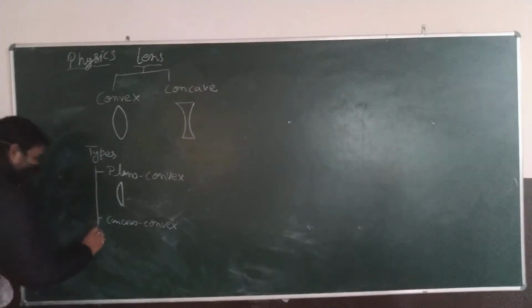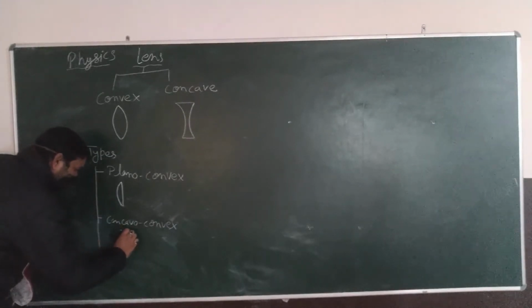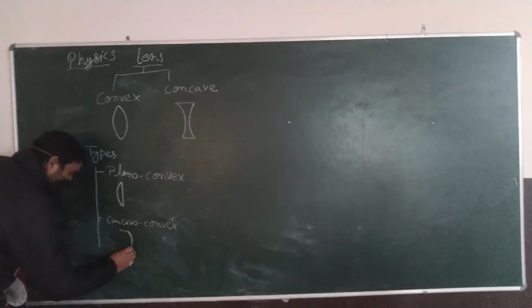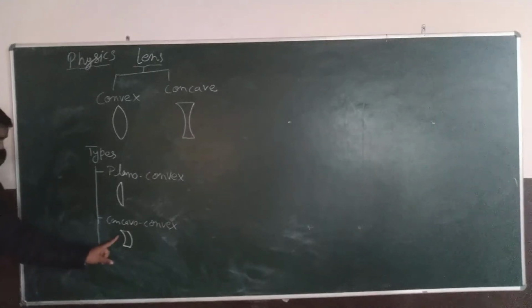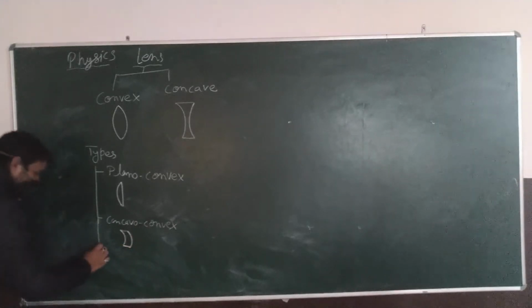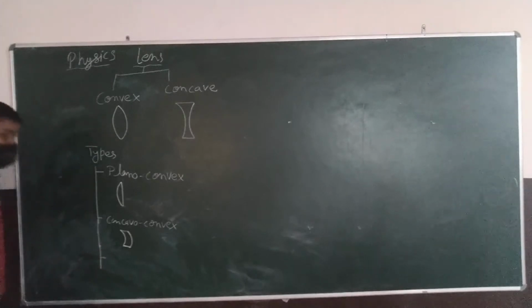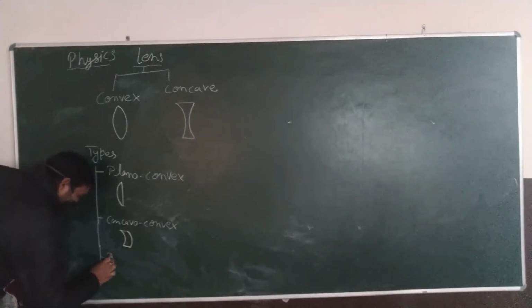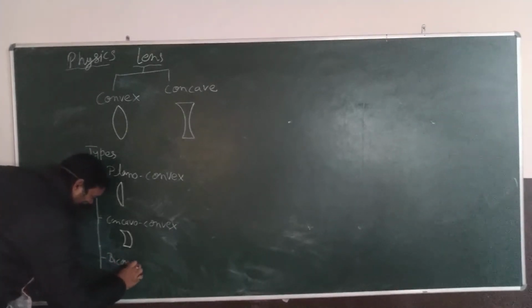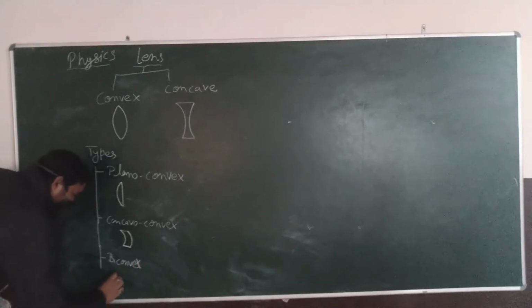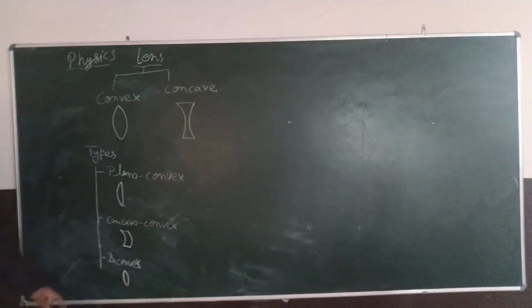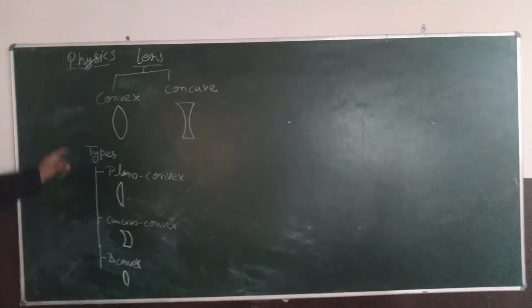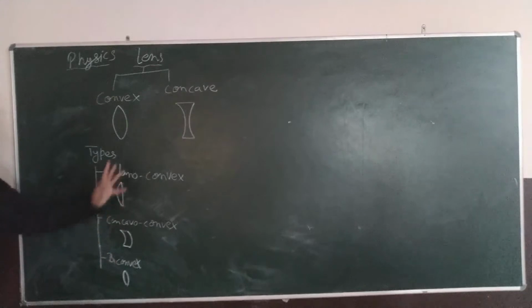One side is concave and the other side is convex. This is called concavo-convex. And third is biconvex, where both sides have a convex surface. This is the type of convex lens.